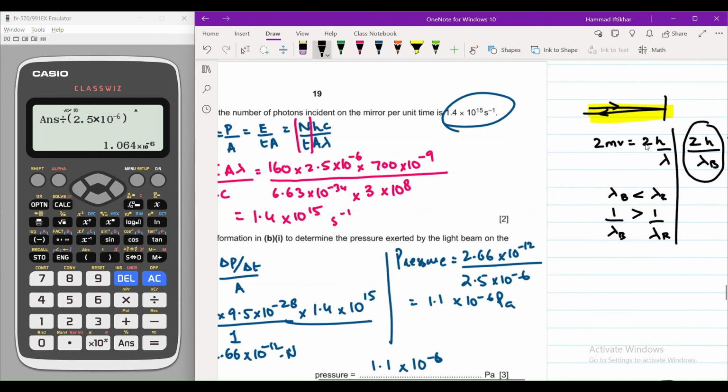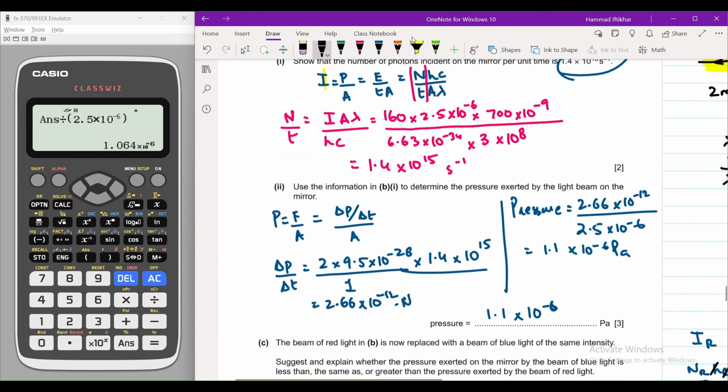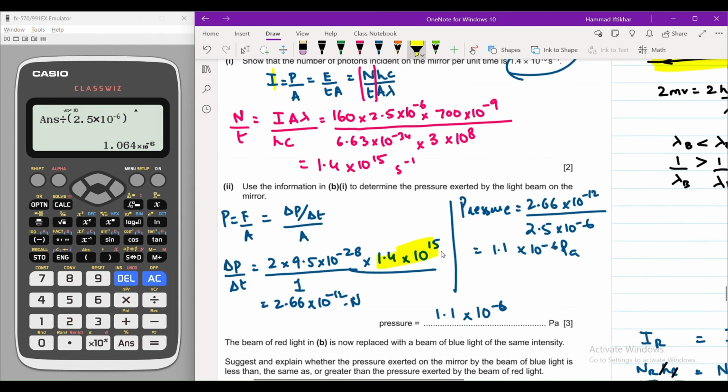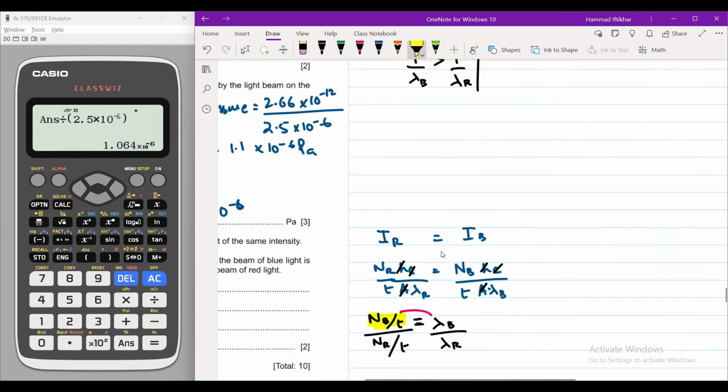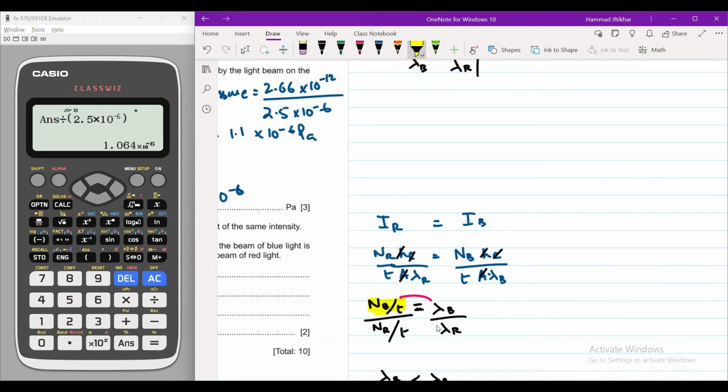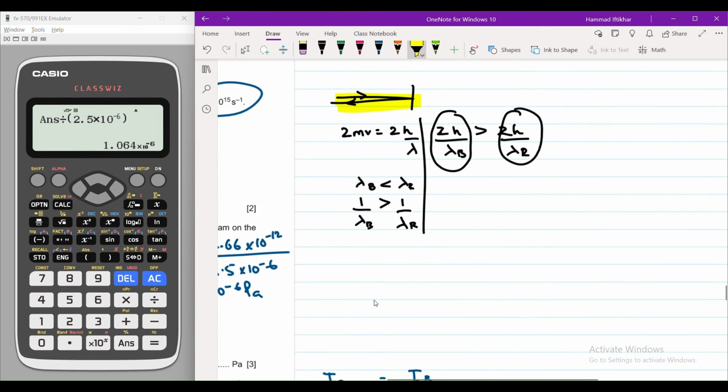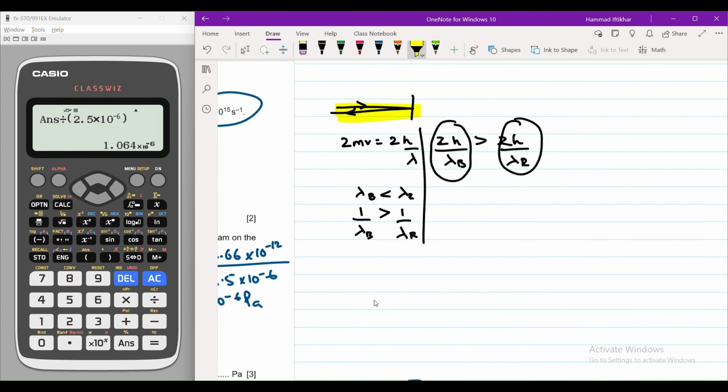However, the story is not finished yet. We also use the number of photons, which was being affected by that same ratio, and we multiply that into the rate of change of momentum.